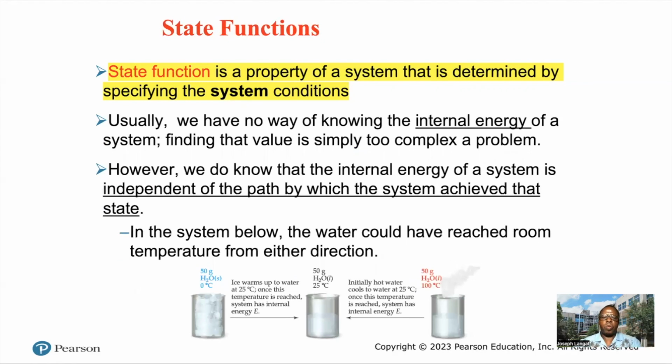Here is an illustration of water, 50 grams of H2O at 25 degrees. How do we end up with this condition right here? Remember, we say we specify the condition. We can either cool water at 100 degrees Celsius, 325, or we can melt ice at 0 degrees Celsius and raise the temperature to 25.